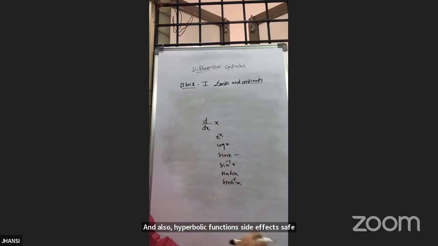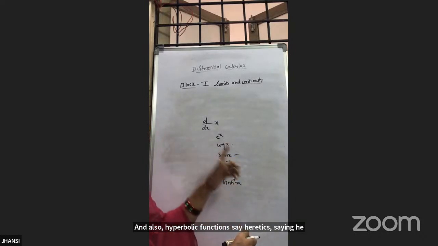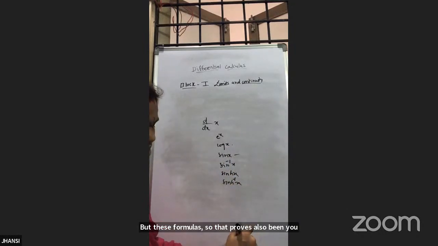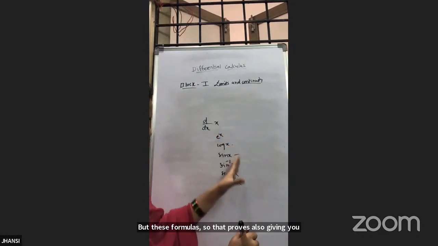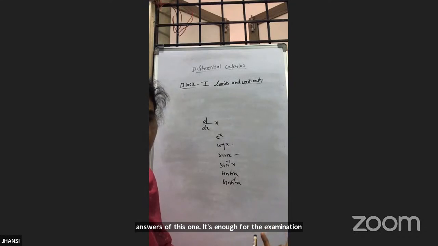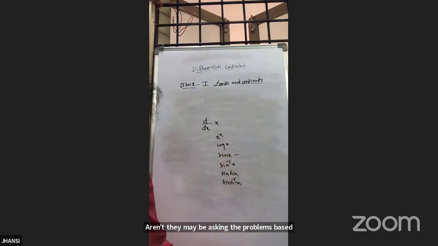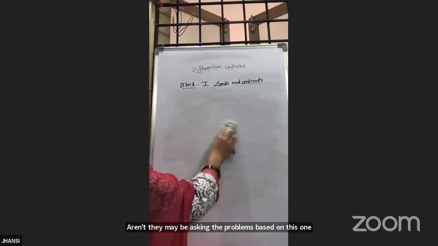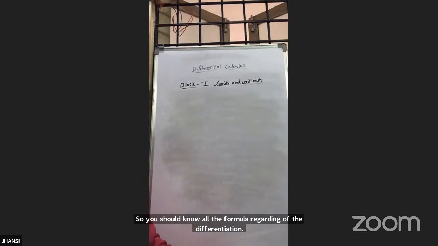How you got the answers for these formulas, those proofs are also given in your textbook. If you know the answers of these, it's enough for the examination. They may ask in the objective type, or else they may ask problems based on this. So you should know all the formulas regarding differentiation. So this is the concept of the second unit.